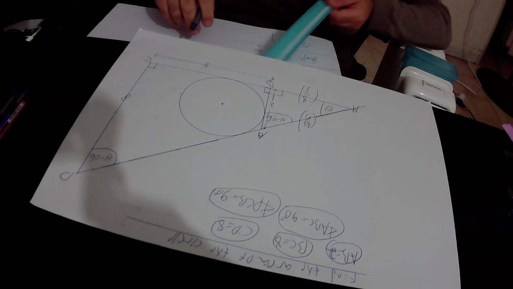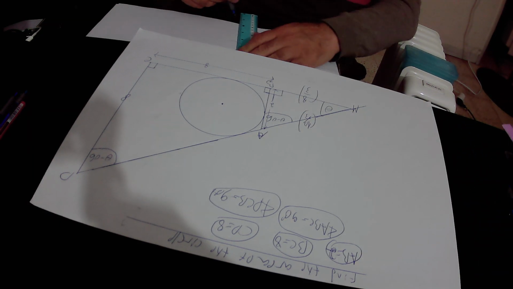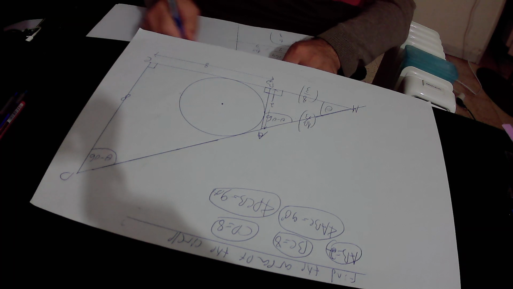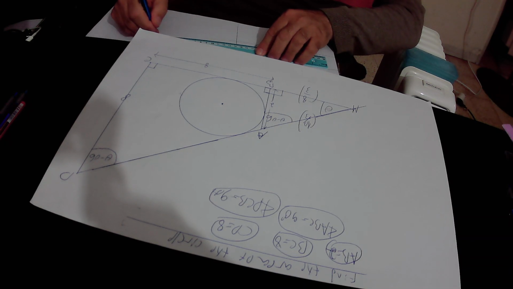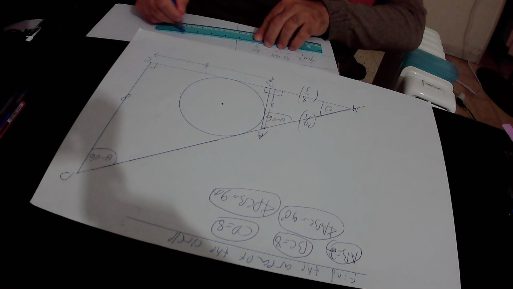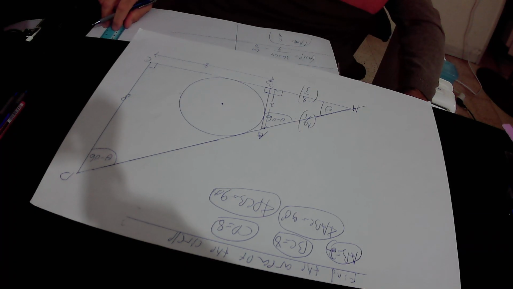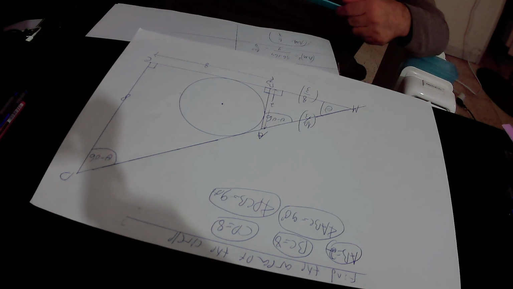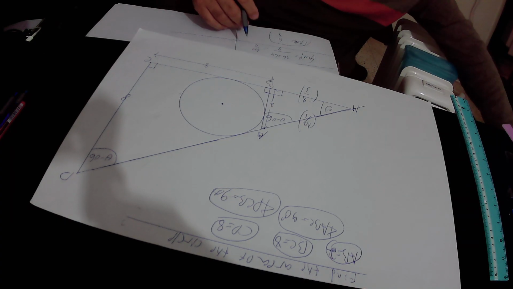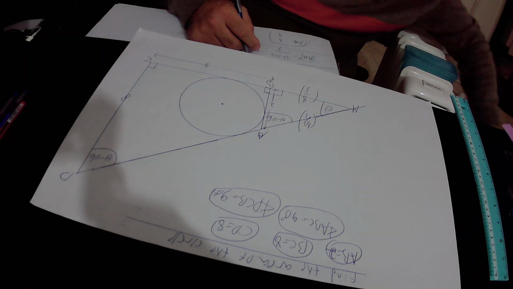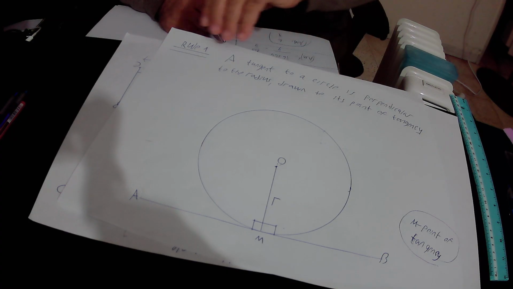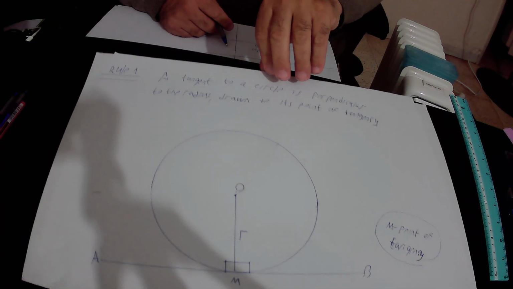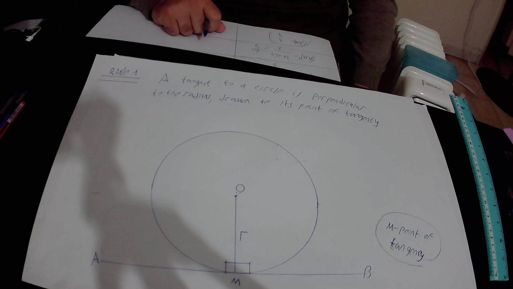In the next step, I present to you a new rule and we implement the new rule in our drawing. According to the new rule, rule number 1, a tangent to a circle is perpendicular to the radius drawn to its point of tangency.